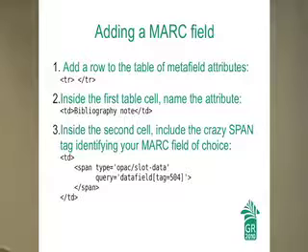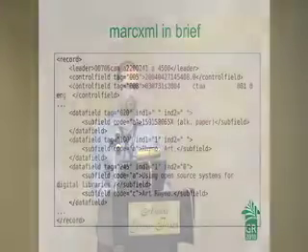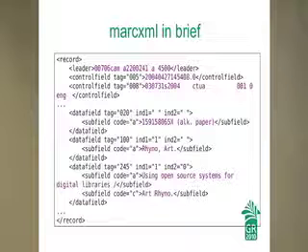All right, so I'm going to jump far ahead to where we've got an example of MARC XML, because not everybody may be familiar with MARC XML. MARC XML is an expression of the MARC record format in an XML format. So you've got a root element of record that contains a leader, control fields, and data fields.